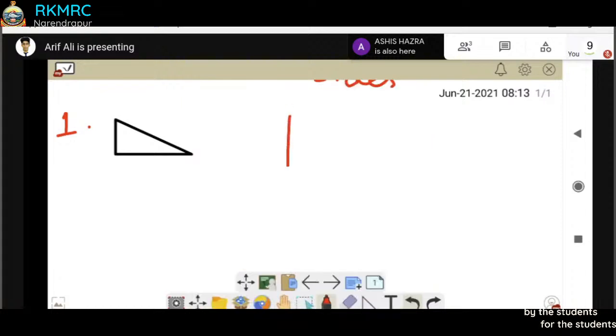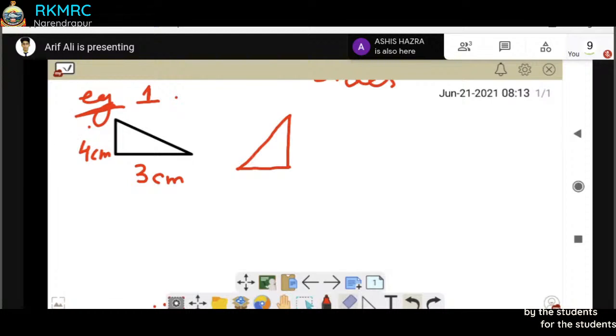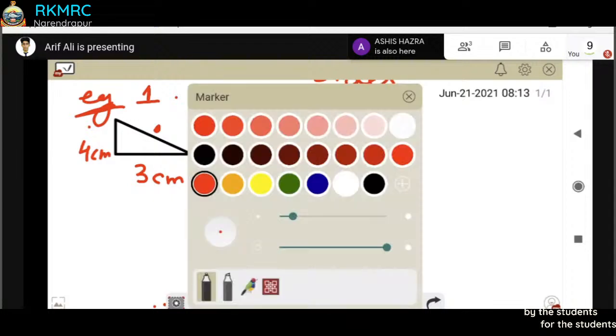Both are same. Let us consider this side as 3 centimeter, your base, and height, which is perpendicular, 4 centimeter. This is example 1. So we are asked to calculate this one, this side.